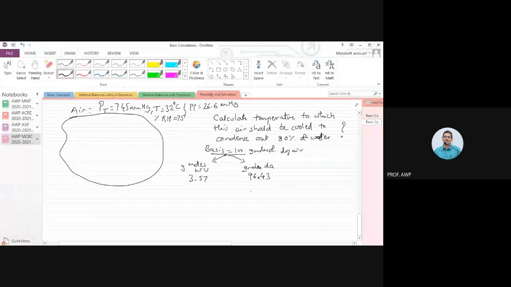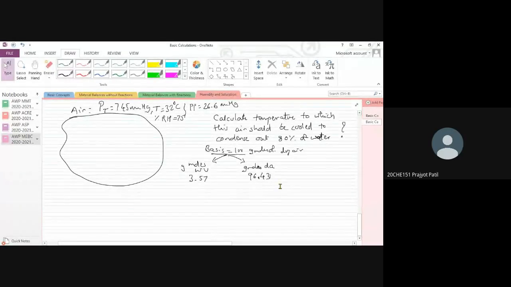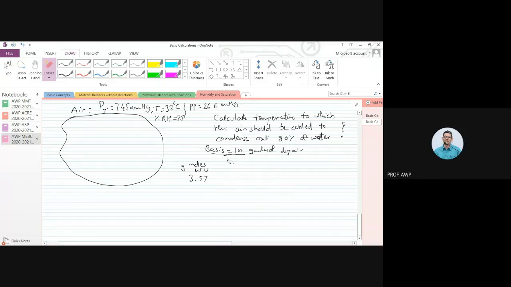Okay, now tell us what you did. No, sir, I assumed 100 moles of dry air. Oh, sorry. So you assumed 100 moles of dry air. Then how did you get moles of water vapor?